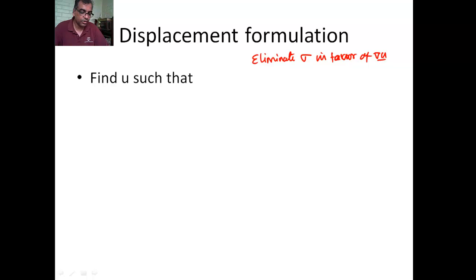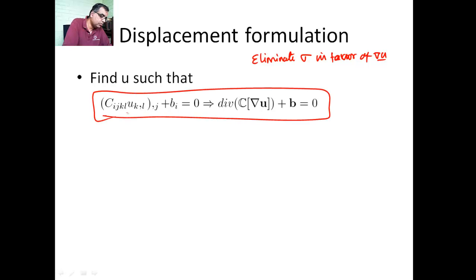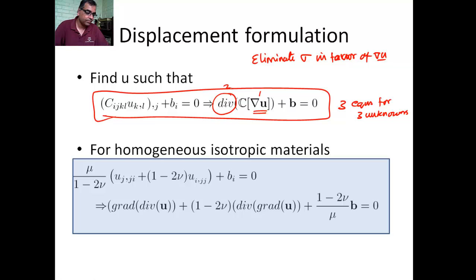Sigma is a function of gradient of u. If I do that, I will find that this nice looking equation is what I have to solve. This is 3 equations for 3 unknowns. Where did I pay the price? Notice that there is a gradient of u, which is first order, and then there is a divergence. This is second order. So 3 second order differential equations for 3 unknowns.